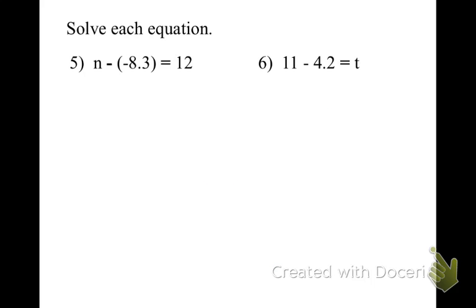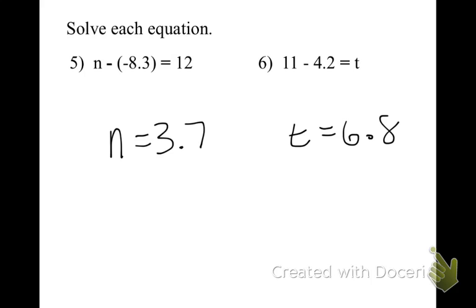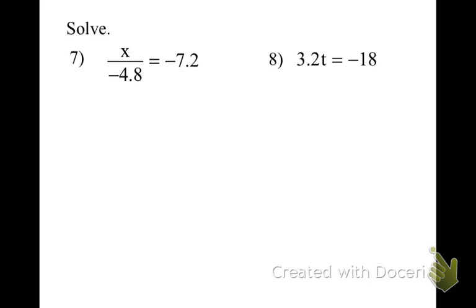Now, if you're doing number 5 at home, you should have gotten n is equal to 3.7, and for number 6, t is equal to 6.8. Now we're going to do number 7.